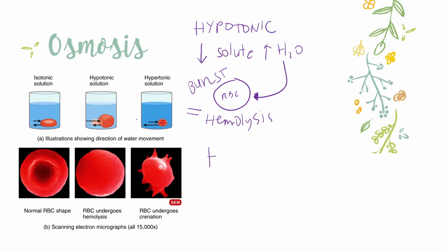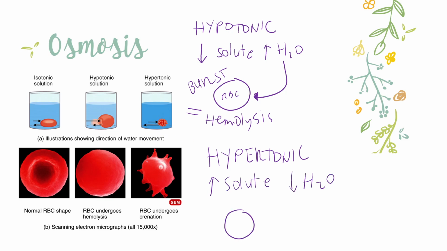Now, how about hypertonic? For hypertonic, kids, it is the opposite of hypo. There is more solute, and your water here is very low. And since water is very low, what our RBC will do is give off the water inside it, causing it to shrink until such time that it will crenate.